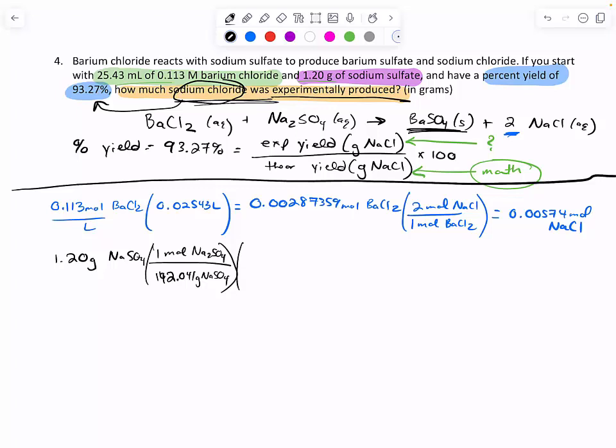Then I need to convert from sodium sulfate to my product, which is sodium chloride. And so I use my coefficients and my balanced chemical equation, and that is going to give me 0.01689 moles of sodium chloride.